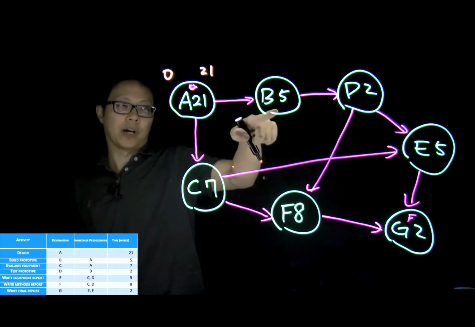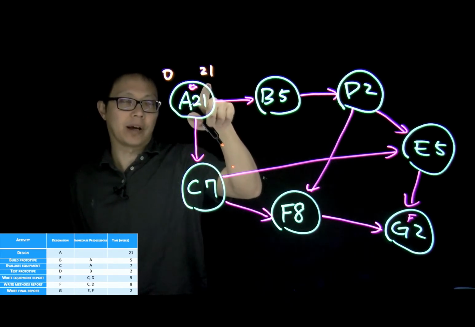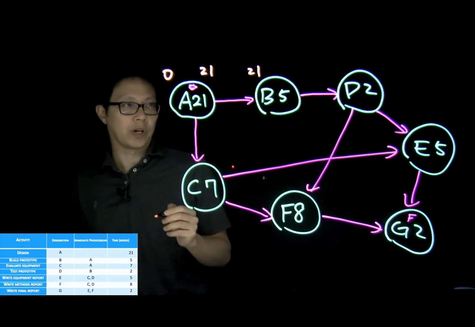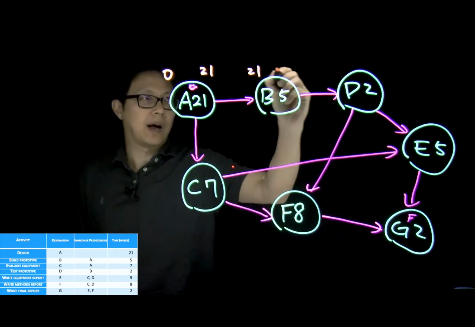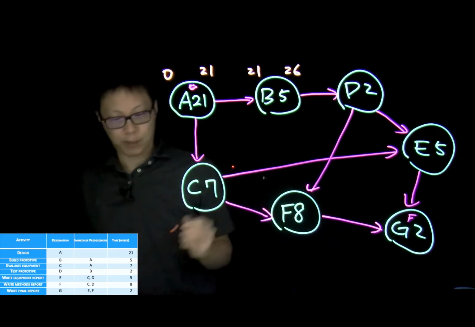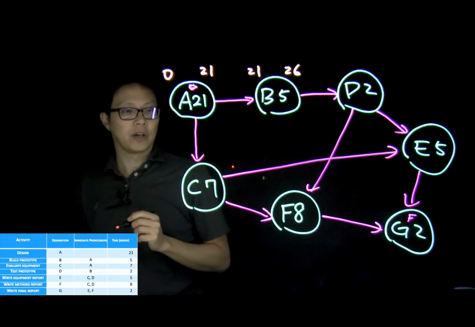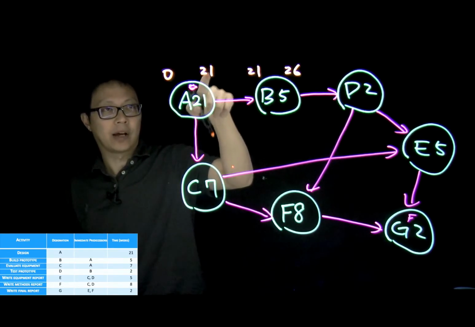Then we can work on B. We know A can be done at time 21. That means the earliest time we can start to work on B will be 21. Duration will be 5. That means we will be able to finish by 26. Similarly, for C, we know A needs to be done at 21.